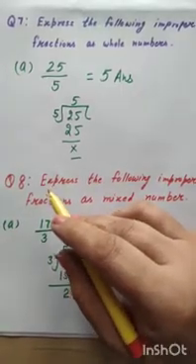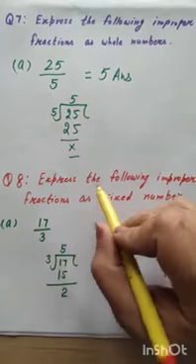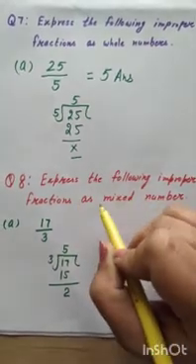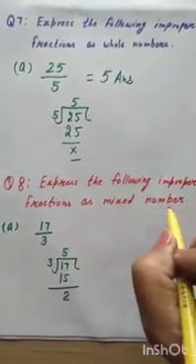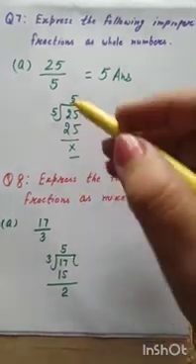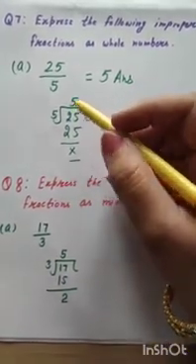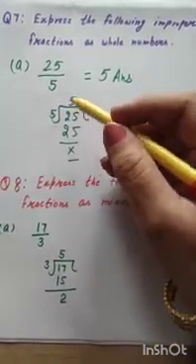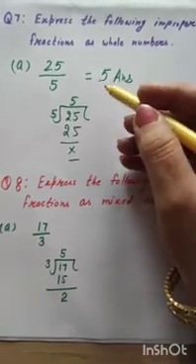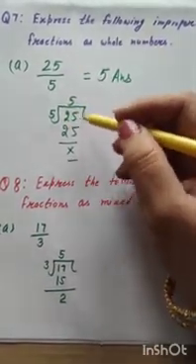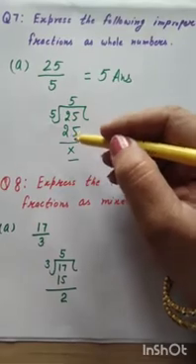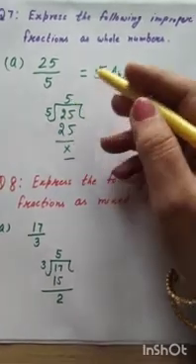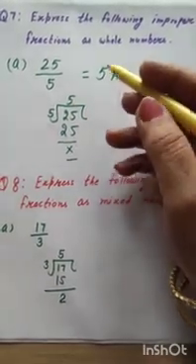Now in the 8th question we have to express the following improper fractions as mixed numbers. As I explained in the previous question, when we convert an improper fraction into a whole number, we divide, and those numbers were completely divisible. So we write the answer as a whole number.